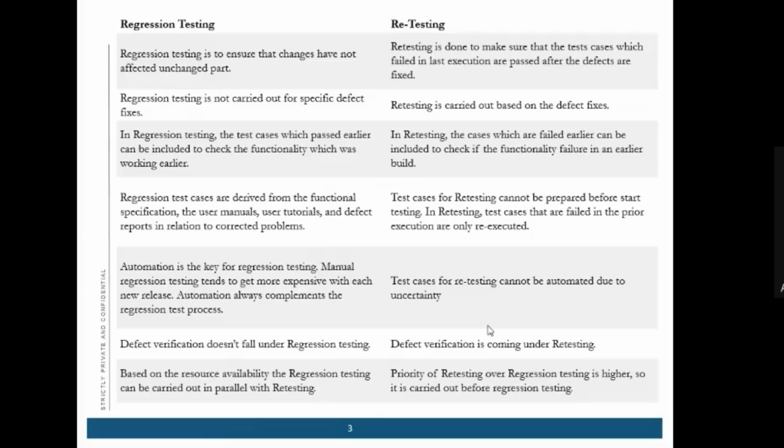So it is very important for a tester to test everything again after getting a new build, so that other defects won't be missed. Okay, so this is all about regression testing and retesting. If you have any doubts, can you ask me? Is that clear with you all?